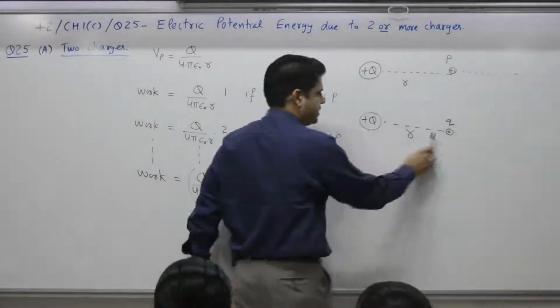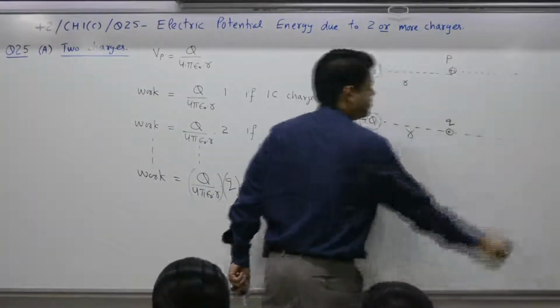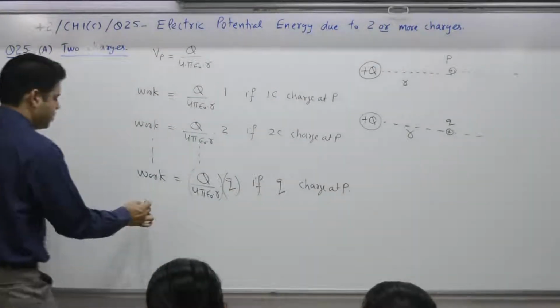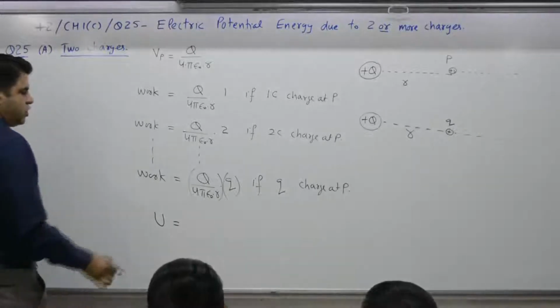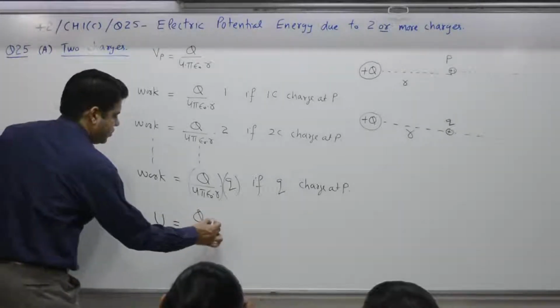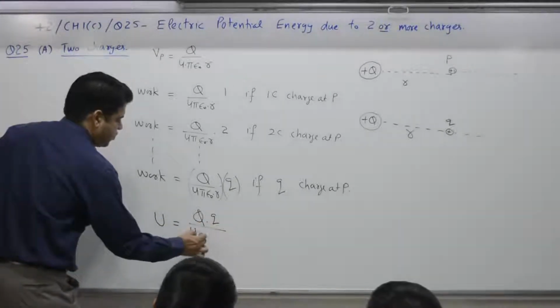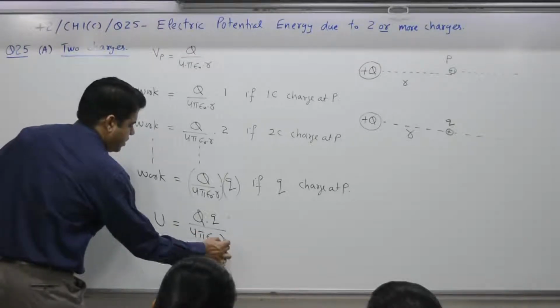If this is at rest, it will move to infinity. This is what you term as electric potential energy, capital Q into small q over 4 pi epsilon naught r.